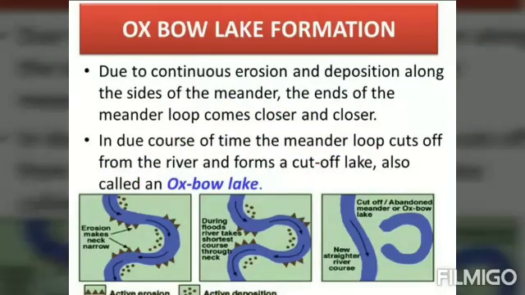Next, Oxbow Lake formation. Due to continuous erosion and deposition along the sides of the meanders, the ends of the meander loop come closer and closer. See the pictures. In the course of time, the meander loop cuts off from the river and forms a cut-off lake, also called the Oxbow Lake.